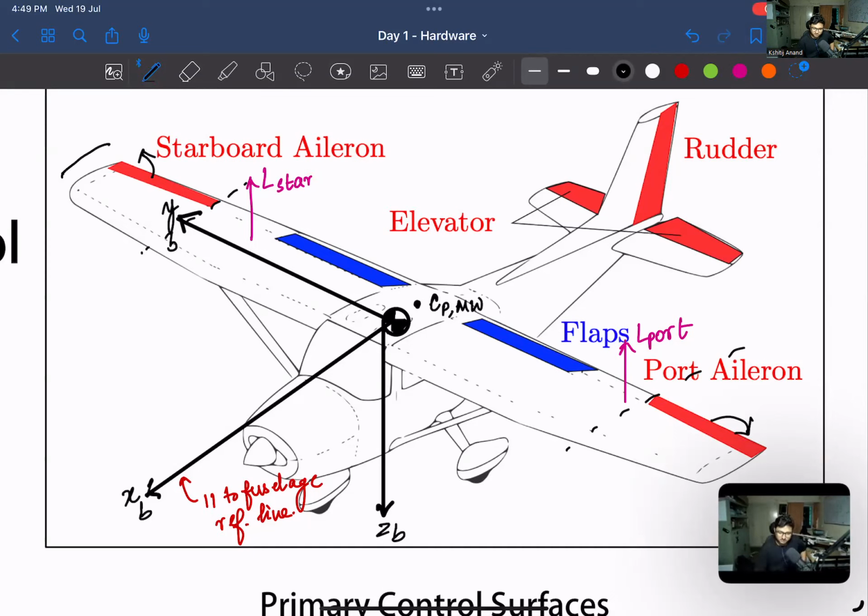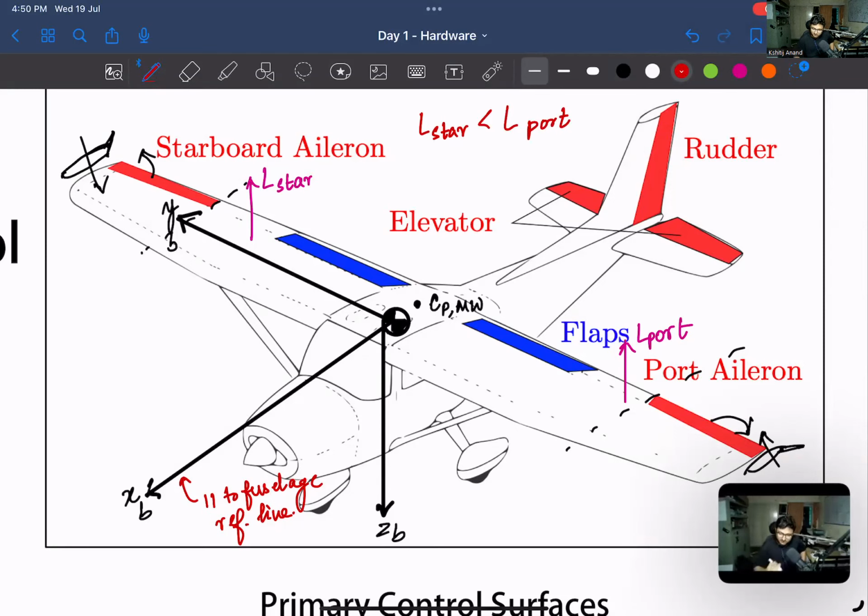If I look at its cross section, then it is going to look like this. So this will produce lift in this direction. And because this is down, its cross section is going to look like this. So it is going to produce lift in this direction. So in this scenario, the whole lift produced by the starboard side is going to decrease as compared to the port side, right?